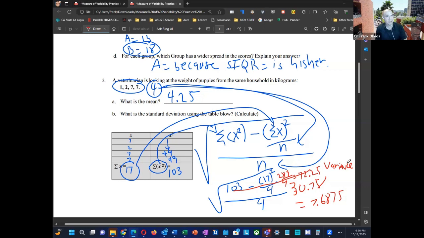Once you get the square root of that, you should get standard deviation equals 2.77. All righty. Hopefully that's clear. As long as you know the formula, as long as you know what to do with the x's, with the values, kind of like what I'm showing you, you can get it.